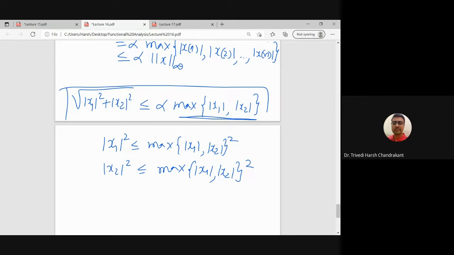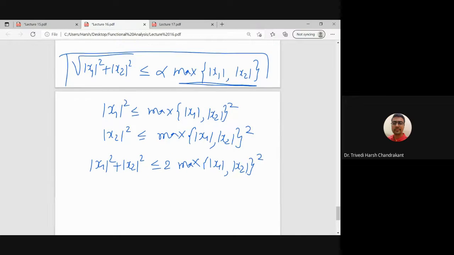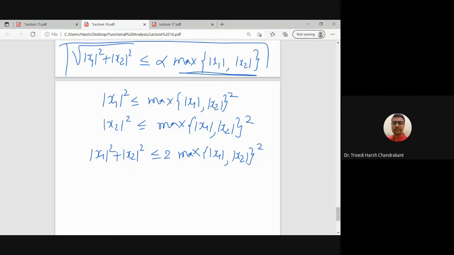Now you add these, so we get x1 square plus x2 square is less than or equal to 2 times the maximum square. Then you take the square root, so that is root 2 times the maximum.